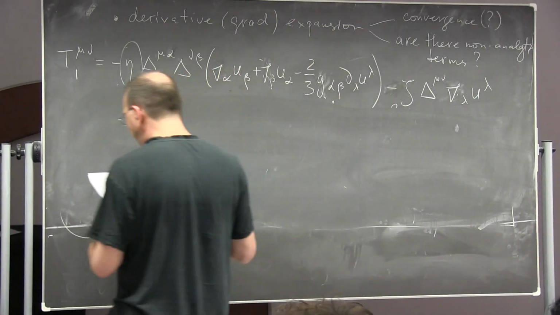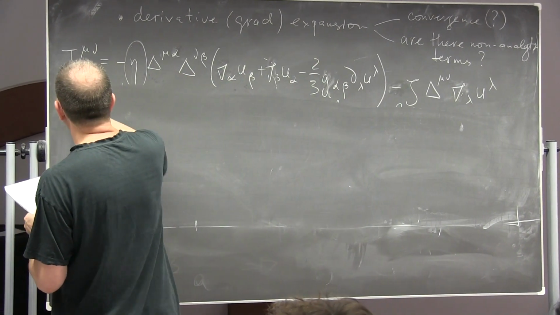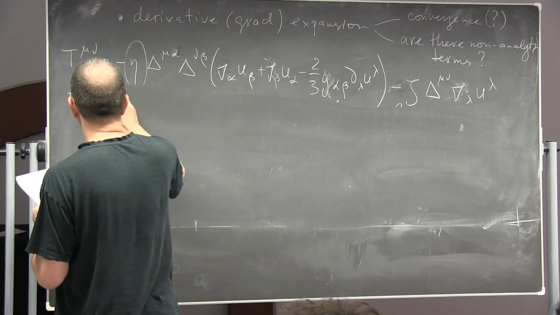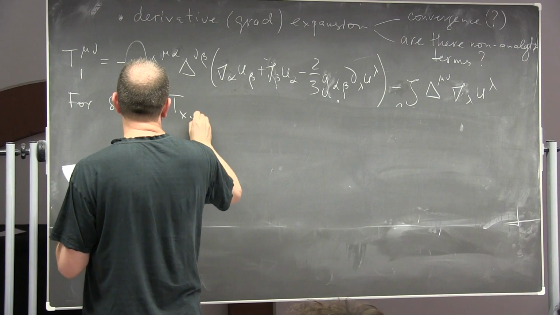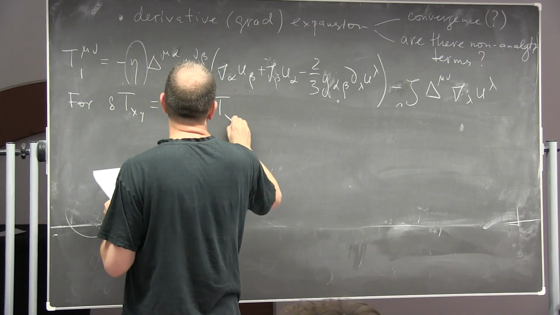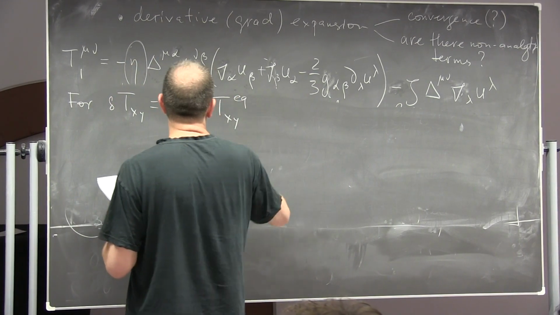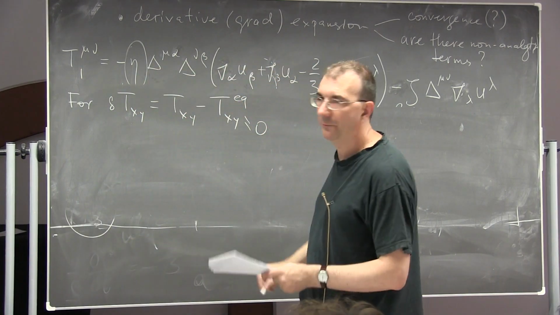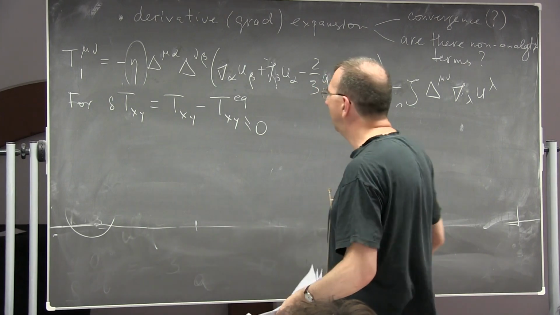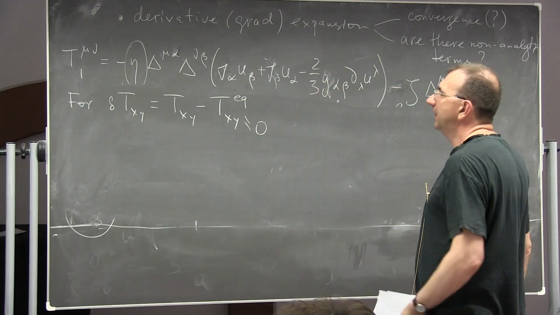So what I have is for delta txy, which is txy minus the equilibrium value of txy. But the equilibrium value of txy, remember, this was 0, right? Because our tensor, our T mu nu, was diagonal. We have an isotropic system, so all off-diagonal components were 0.